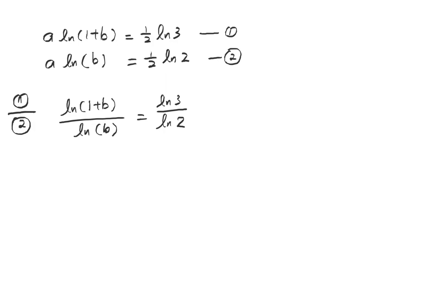So from here I can make a conclusion: B is equal to 2. Bottom equals bottom, top equals top, so that is a fraction. So when you solve simultaneous equations, you can also divide one equation by another equation. Okay. Any other question?